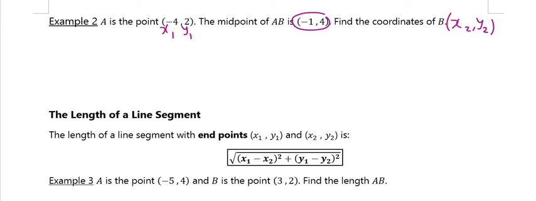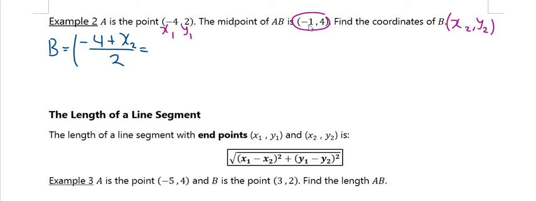So when you add x1 and x2 and divide by 2, you have negative 1. And when you have y1 plus y2 divided by 2, you have 4. So basically, you just have to put in according to the formula: x1 is negative 4, and your x2 for B is unknown, so you just label it x2, everything over 2, and you know your midpoint already.